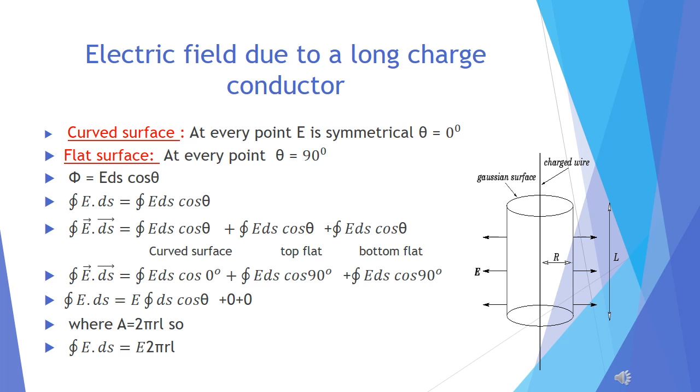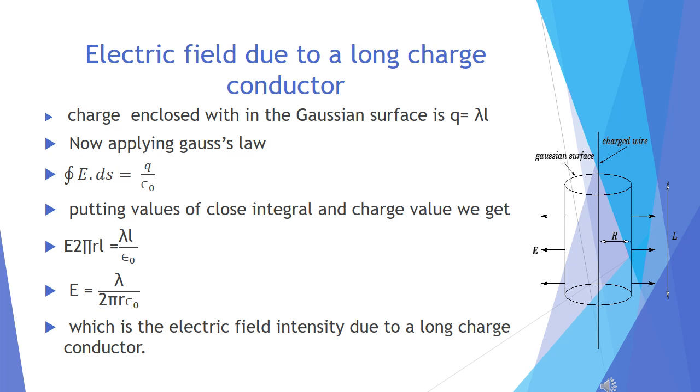Now suppose we have taken a conductor of length L, and the area of the curved surface of this cylinder is 2 pi R L. So the value of integral ds becomes E times 2 pi R L. Now we have to check the charge within the Gaussian surface, which is equal to lambda times L. Lambda is the charge on 1 meter, and the conductor is L long.